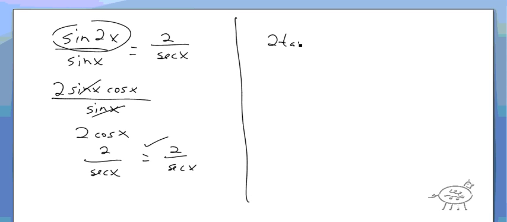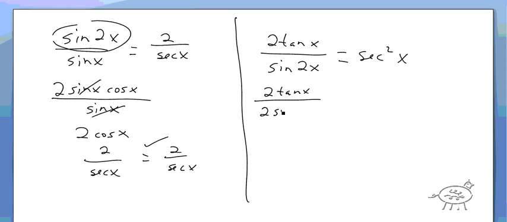2 tangent of x over sine of 2x, and that equals secant squared of x. So once again, the left side is definitely more complicated because you have a double angle and you have a fraction. So the first thing I'm going to do is 2 tangent of x over 2 sine of x cosine of x.